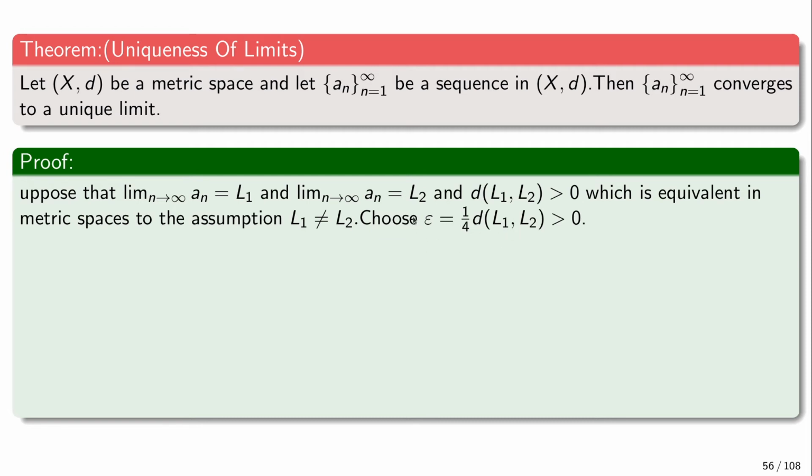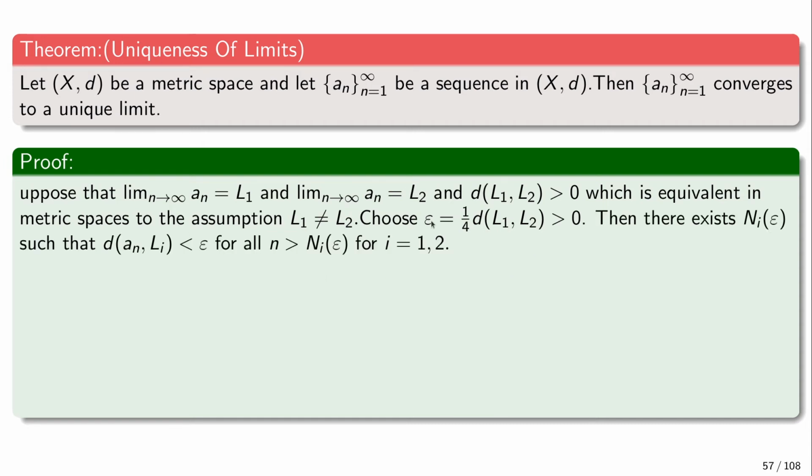And so a_n cannot be simultaneously as close as we please to L1 and as close as we please to L2, because it cannot be closer to both of them than a quarter of the distance. We'll see how it unfolds.